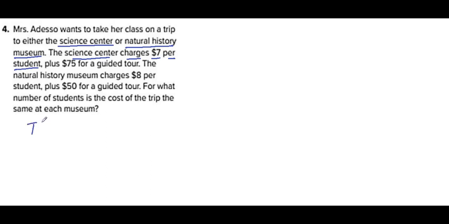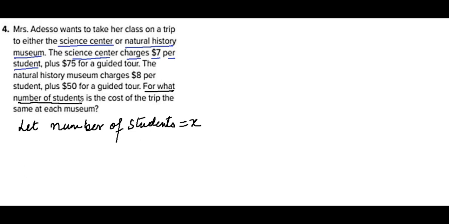So what do you have to suppose here? Firstly, write let the number of students be x, because we need to find out what they're asking, so we need to suppose for what number of students.